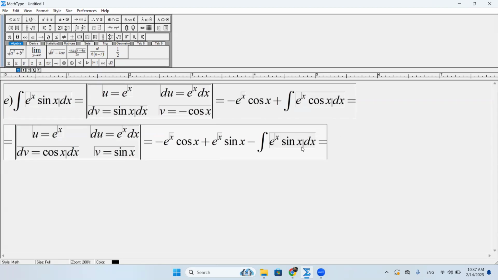Daniil, yes? We have the same integral that we had at the start. Yes, actually the same as the initial integral. That's why it's called a recurrence integral. So the idea is how to find it.